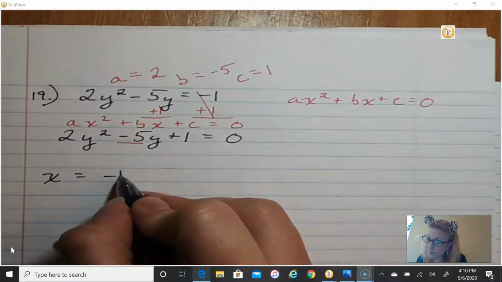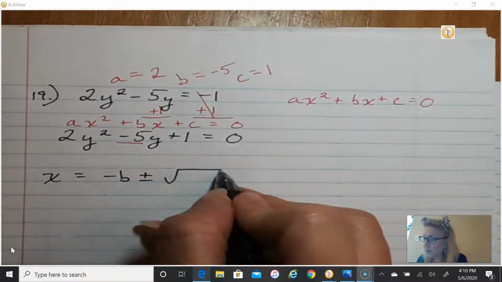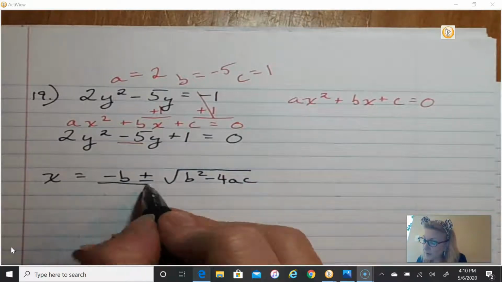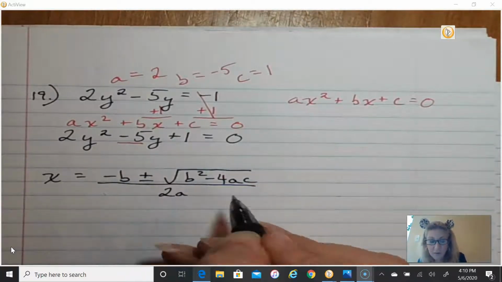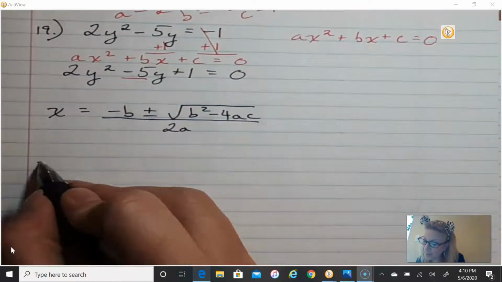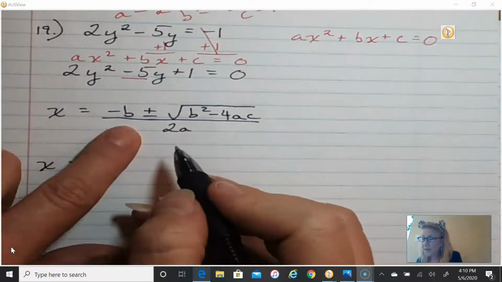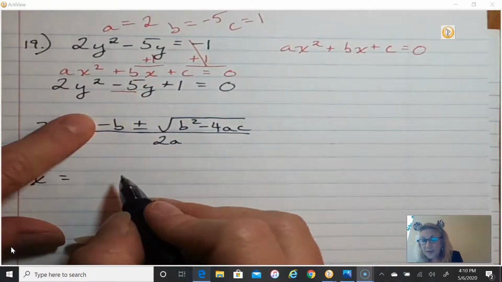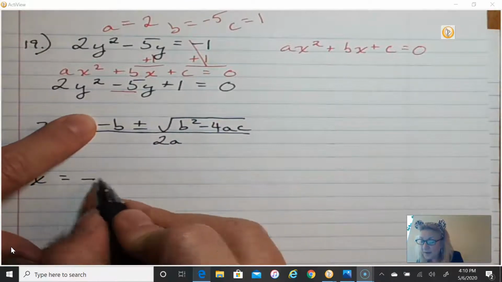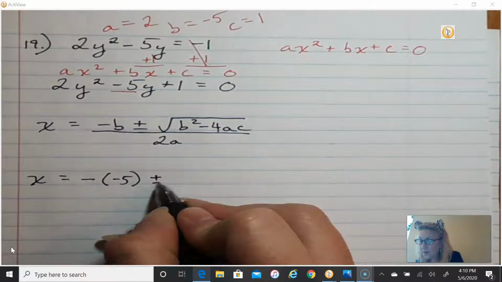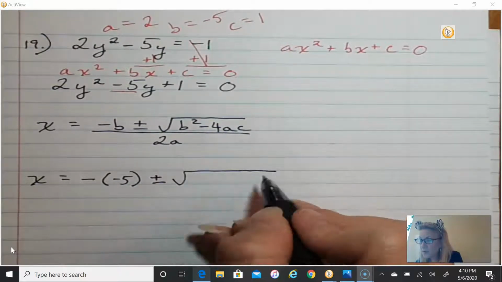The formula is negative b plus or minus the square root of b squared minus 4ac, all over 2a. Okay, we'll start plugging it in. My b is negative 5, correct? Don't forget about that negative sign. So it's going to be negative 5 plus or minus the square root of b squared.